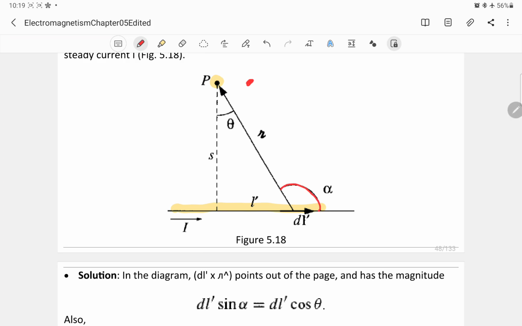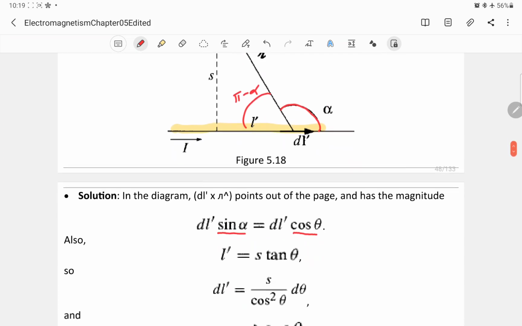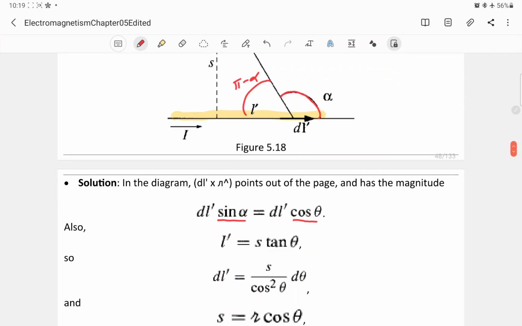So this is pi minus alpha, so that your sine alpha would be the same as cosine theta here. Your l prime would be s tangent theta, and then your dl would be this.